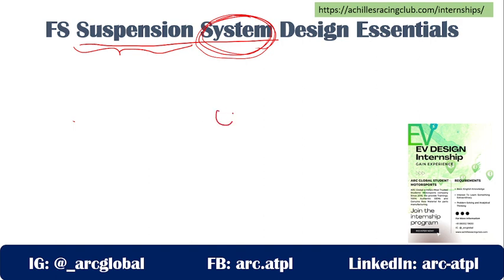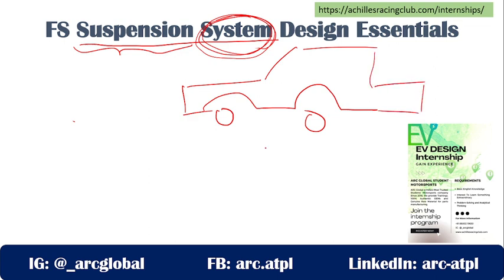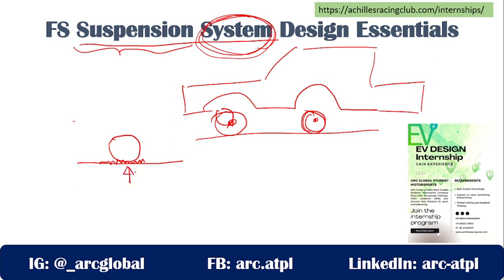Now, if you look into any kind of vehicle, my dear friends, you will find there are only four reactional surfaces. If I'm talking about a four-wheeler, it means these tires. Only these tires are responsible for having the reactional force on the ground. So this is my ground, this is my tire, and it is in contact with the ground, so it is going to have the reactional force.